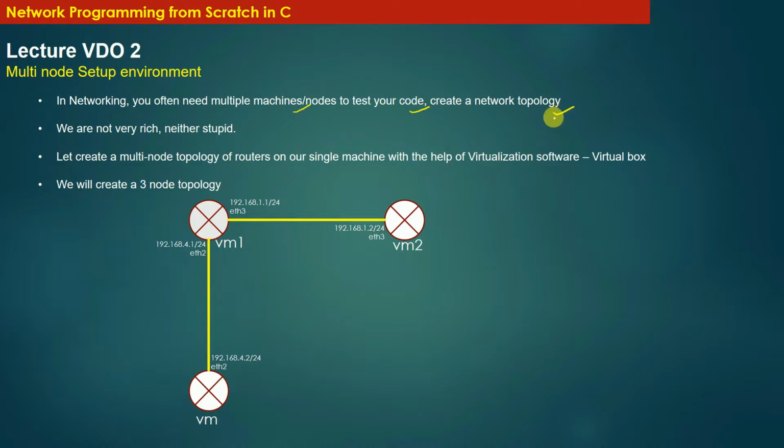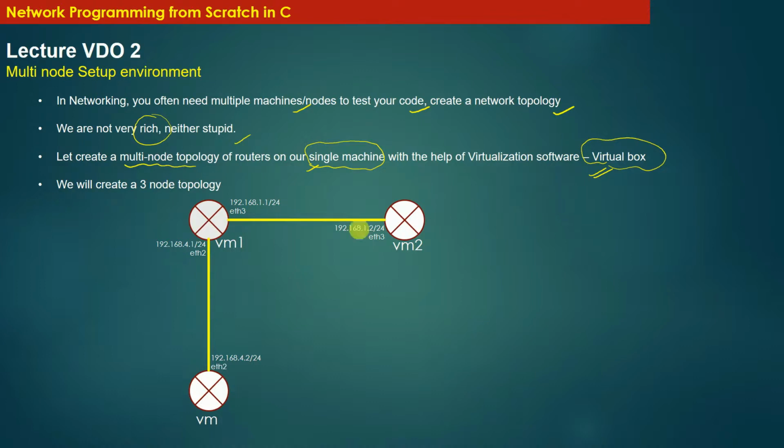Network topology means a set of routers connected to each other via links. We are not very rich, so we cannot purchase as many machines as we want. So we are going to create a multi-node topology environment of routers on your single machine, and we will do this with the help of virtualization software called VirtualBox.